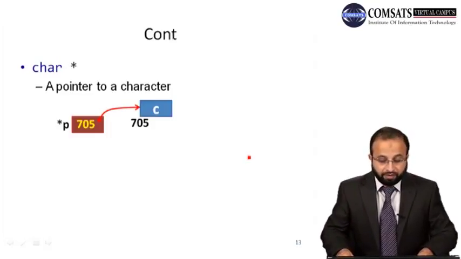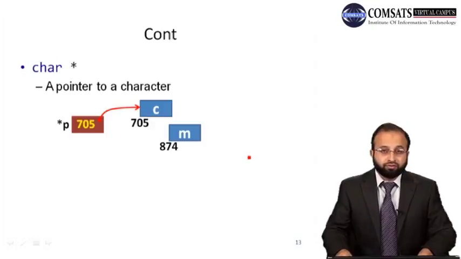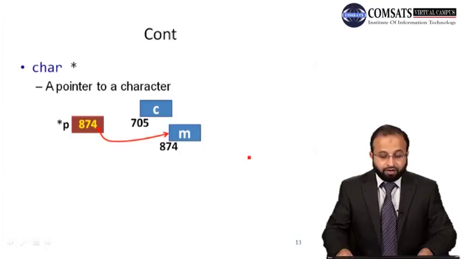For example, you have another memory location where you store the character m, and you can assign the address of that memory location, 874, to the pointer. Now this pointer points to a new memory location where you store a character. In this case, neither the pointer is constant nor the character is constant, right?